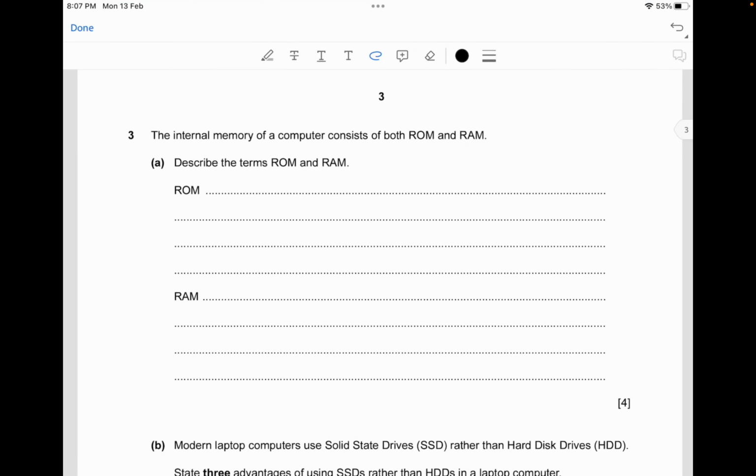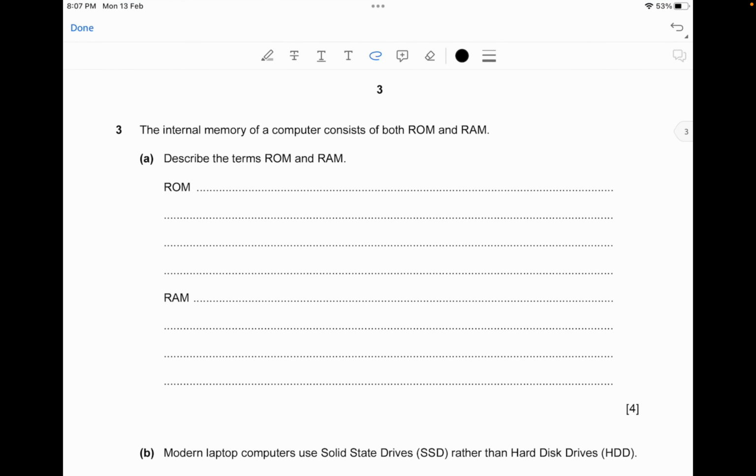All right, the next question is that the internal memory of a computer consists of both ROM and RAM. Describe the terms ROM and RAM. So ROM, what does ROM mean? ROM means read-only memory. That's the first thing I'm going to write down: it is read-only memory. On top of that, we have to mention some form of description for ROM.